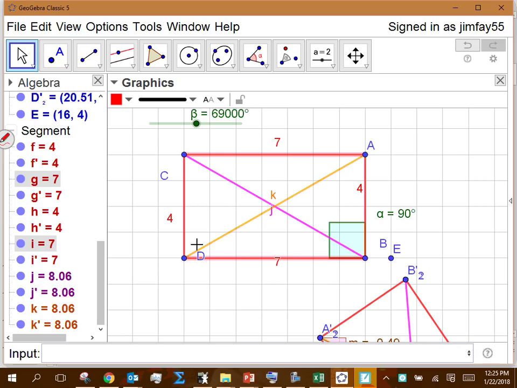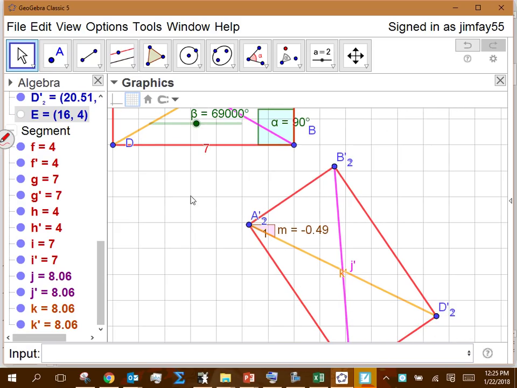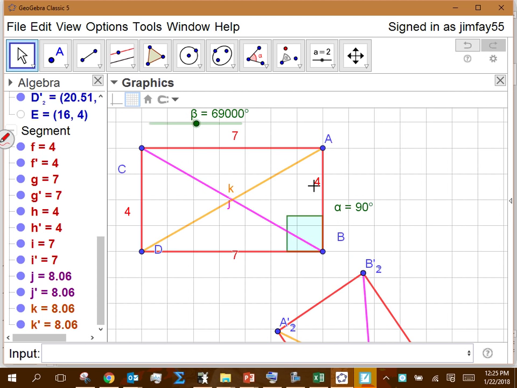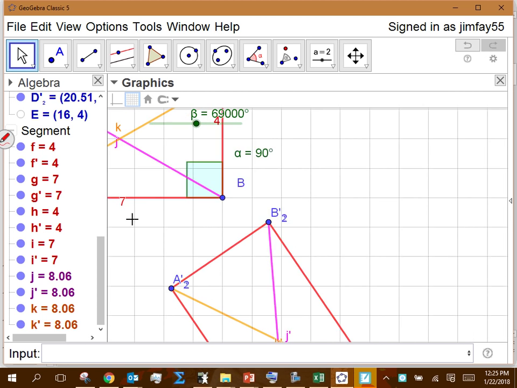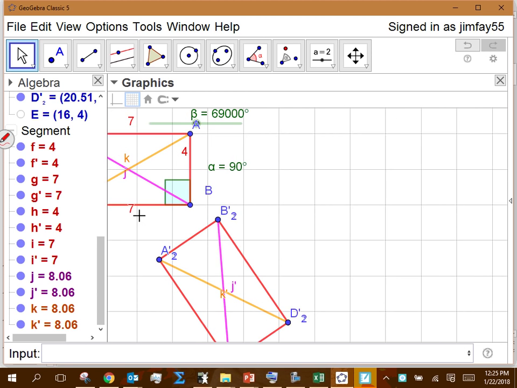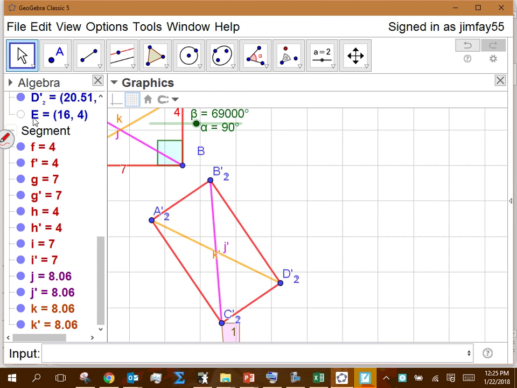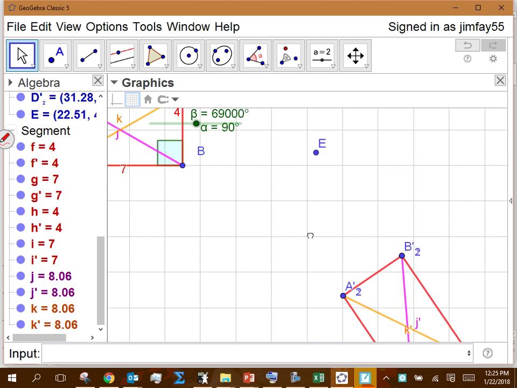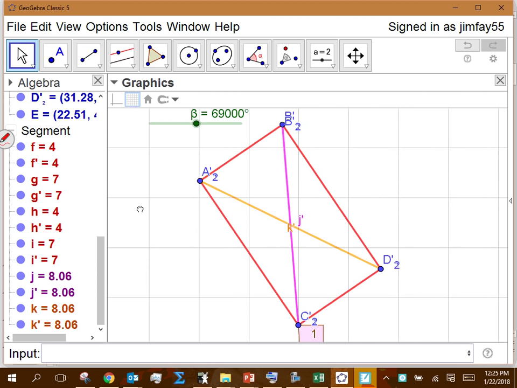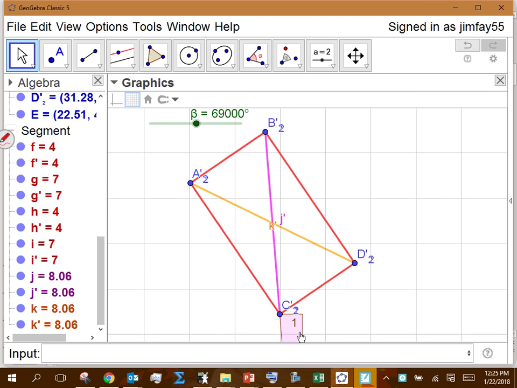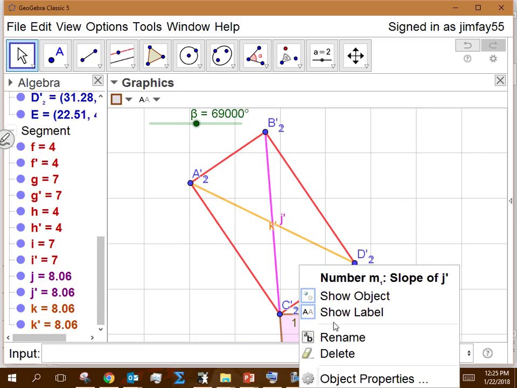Now, something that's also beneficial, just to help us see some stuff that we're going to do tomorrow. Let me move this point a little bit. So there we go. Maybe I'm looking at this shape, and I want to determine if that shape is a rectangle or not.